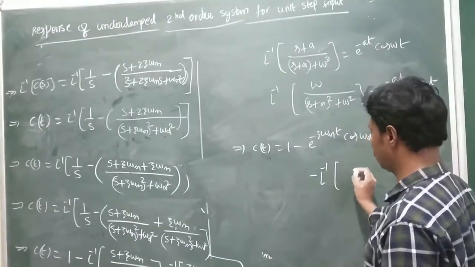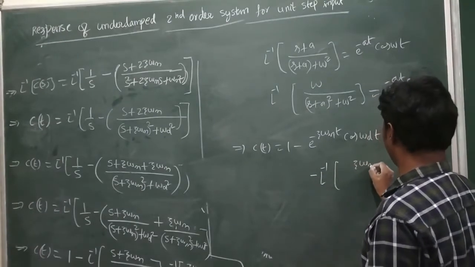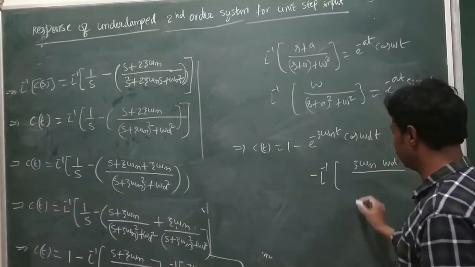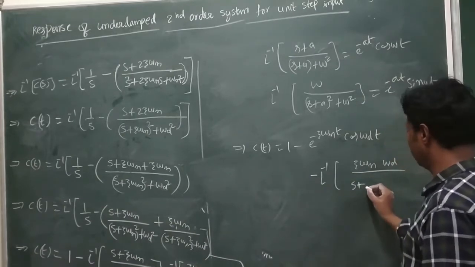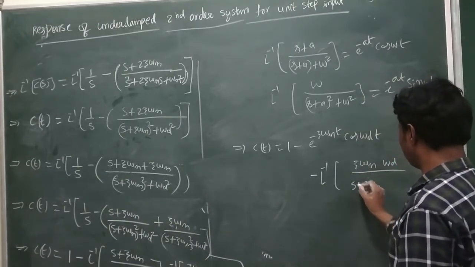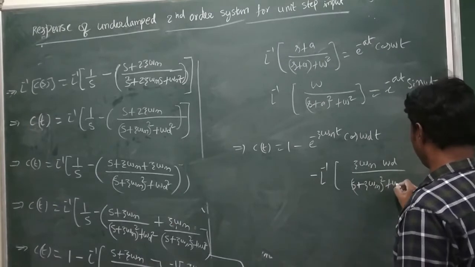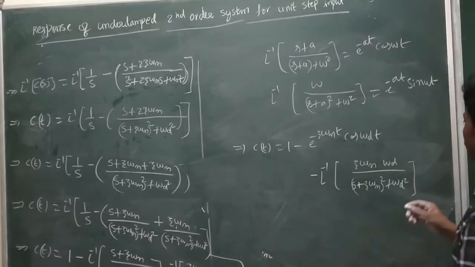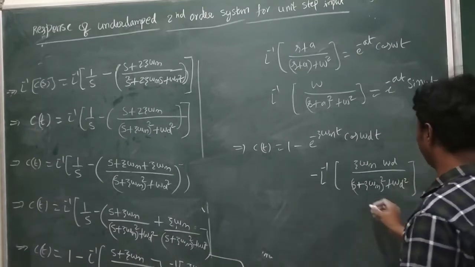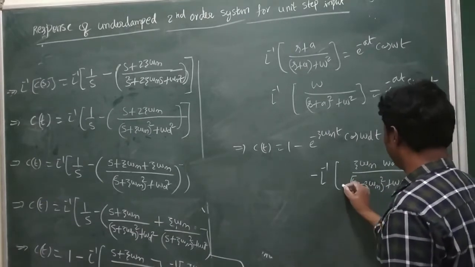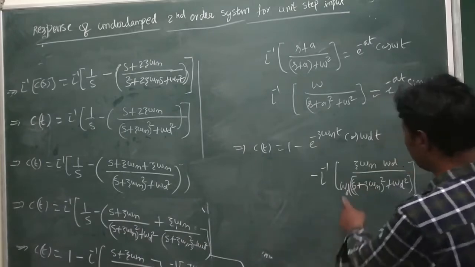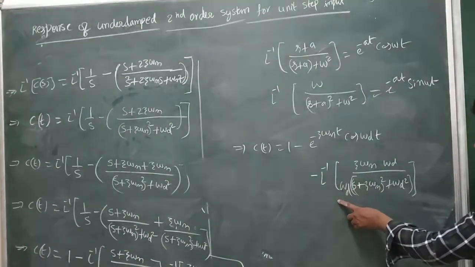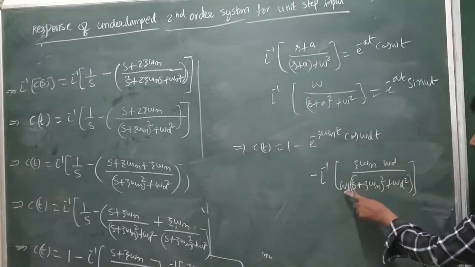So L inverse of zeta omega n by omega d, times omega d by (s plus zeta omega n) square plus omega d square. Multiplying here by omega d, the omega d gets cancelled. So why do I multiply and divide by omega d?